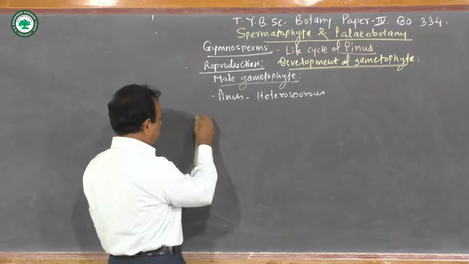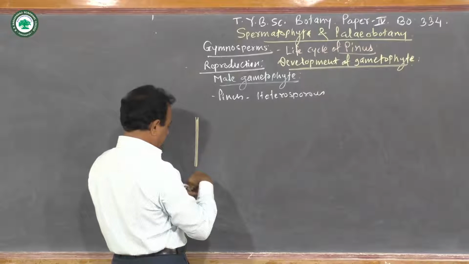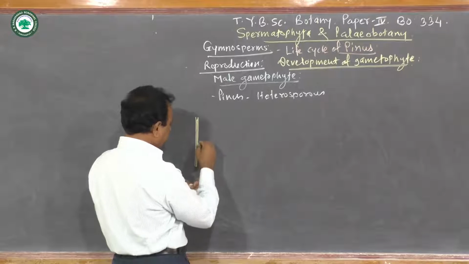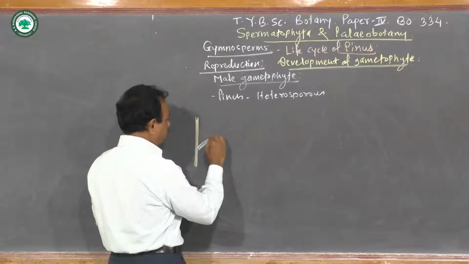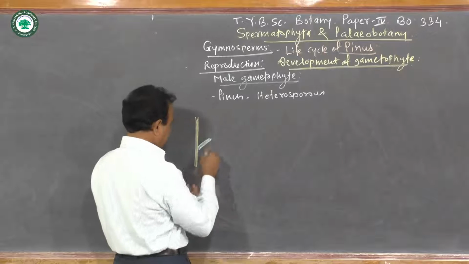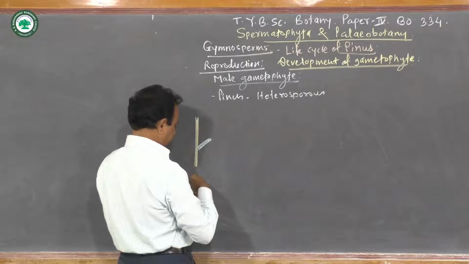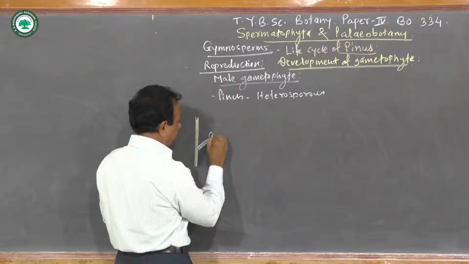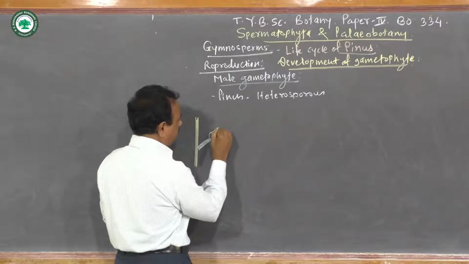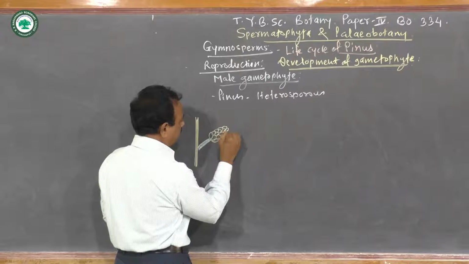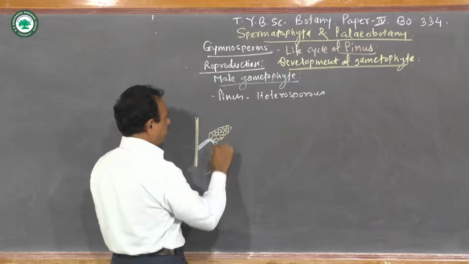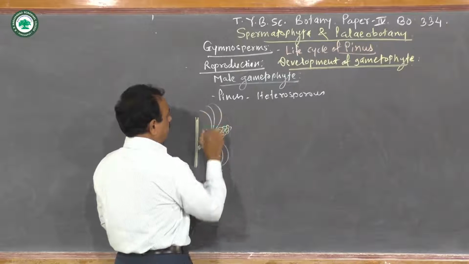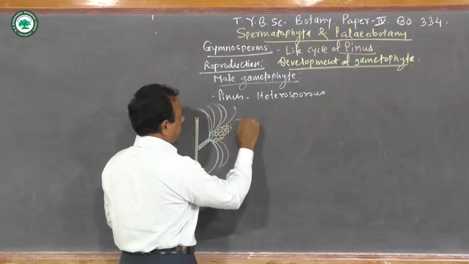Here the male cone develops on the dwarf shoot, and many male cones develop in a bunch or cluster, and they are covered by many leaves which are called Pinus needles.